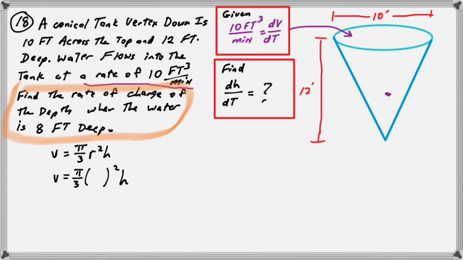It attains a certain water level, and it's going to have a certain radius and a certain height. But the overall large tank has a big height of 12 and a radius of half of 10, or 5.